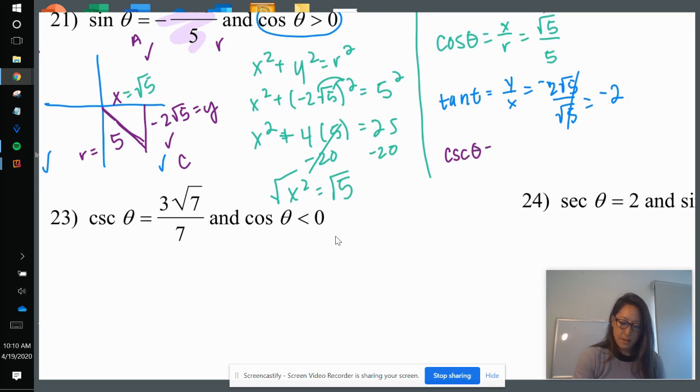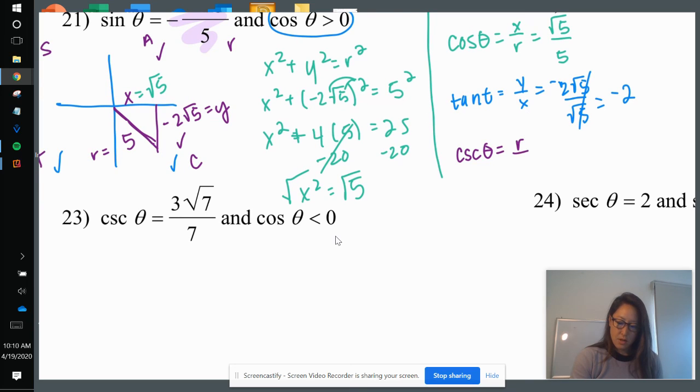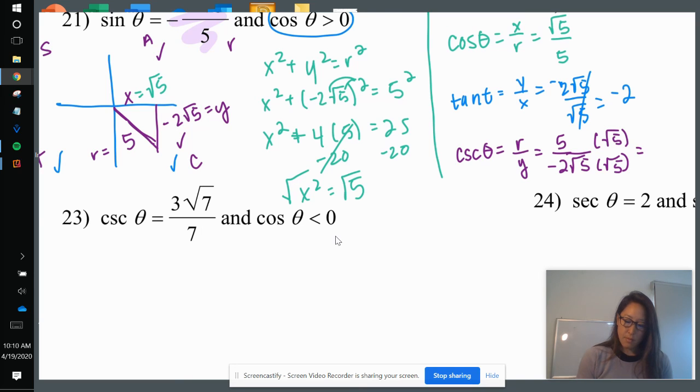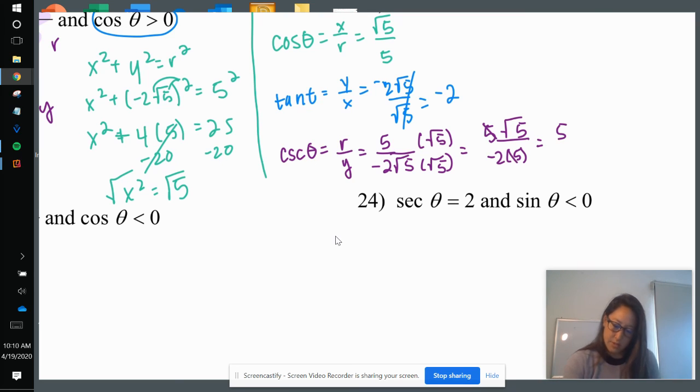Cosecant of theta is the reciprocal of sine, so r over y. My r value is 5, and my y value is negative 2 root 5. Do we like that? Nope. We have to rationalize. So multiply by root 5, giving me 5 root 5 over negative 2 times 5, so 5, and these 5s are going to cancel.